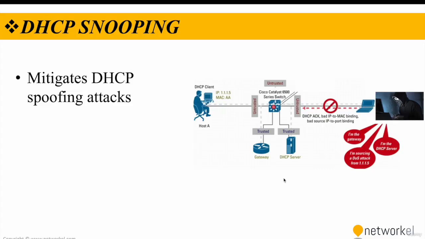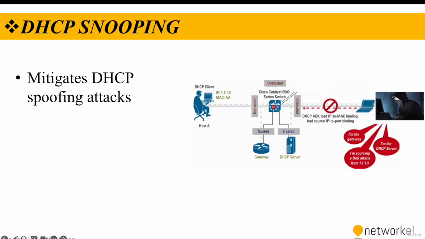By validating DHCP messages and maintaining a binding table of IP to MAC address mappings, DHCP snooping helps ensure that only authorized DHCP servers are allowed to provide IP configurations to the clients.